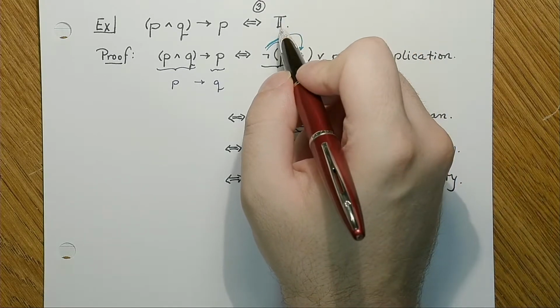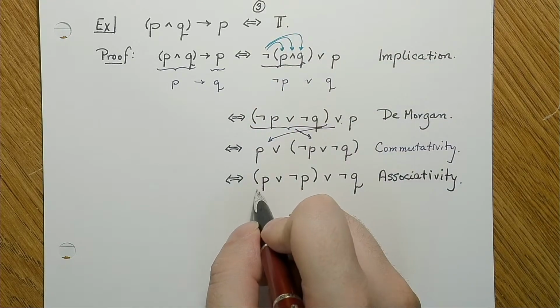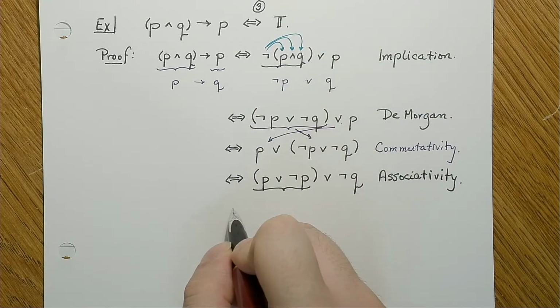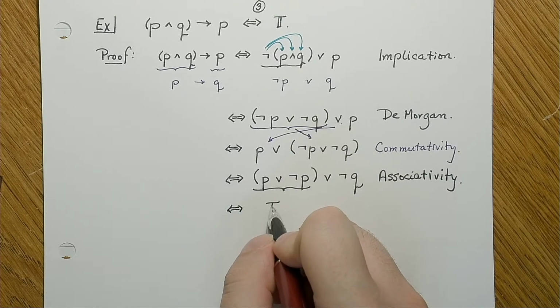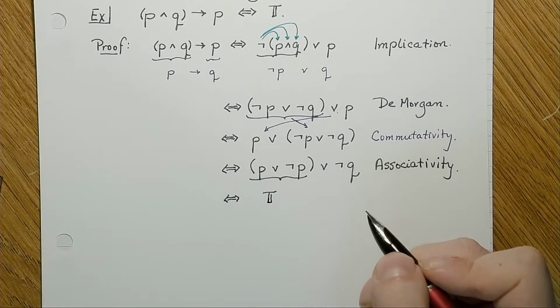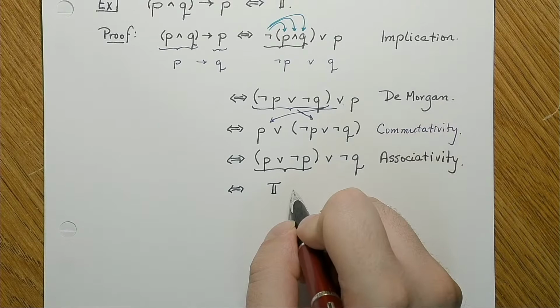Because remember, I'm trying to get to a tautology. And we can see that this immediately, by the P or not P, that is a tautology. That was our example that we used for a tautology, but that's also the rule of the excluded middle.